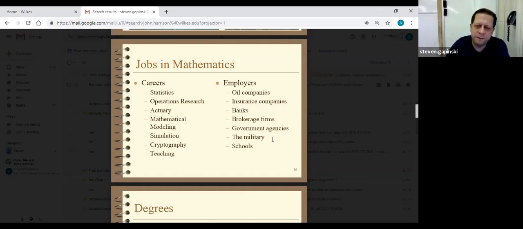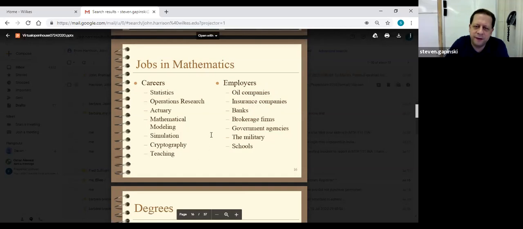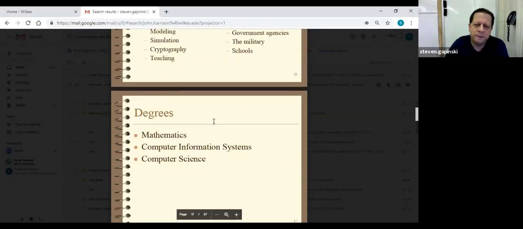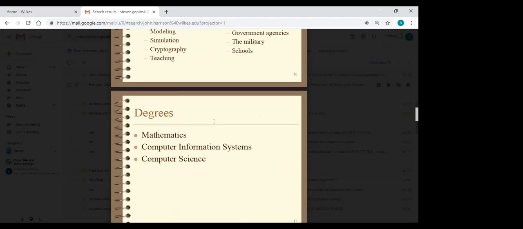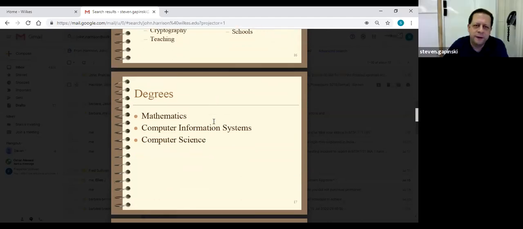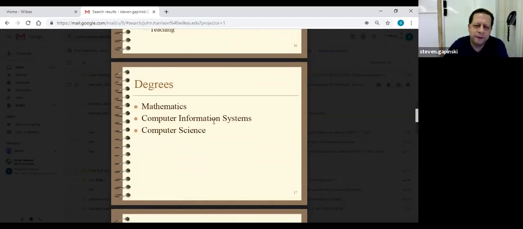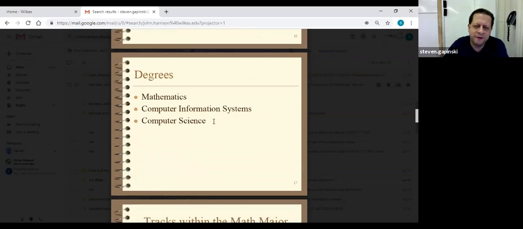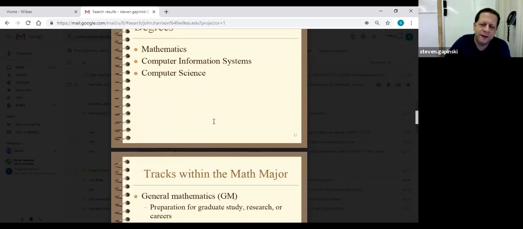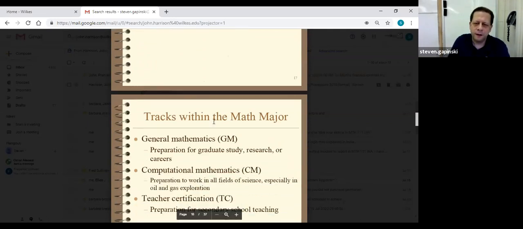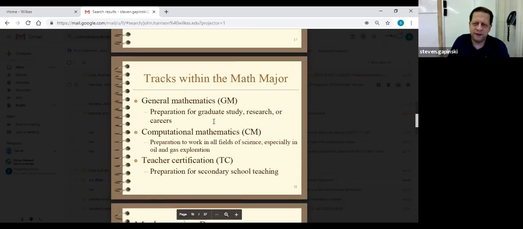And then schools would be where teaching comes into play. So when we talk about the degrees that we offer here, we have math, computer information systems, and computer science.